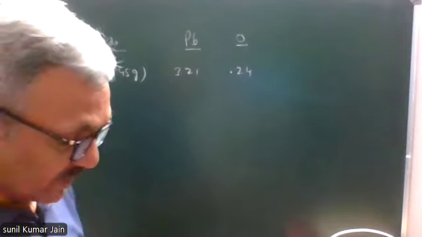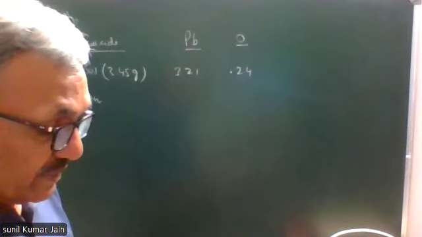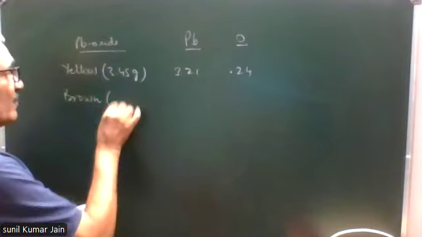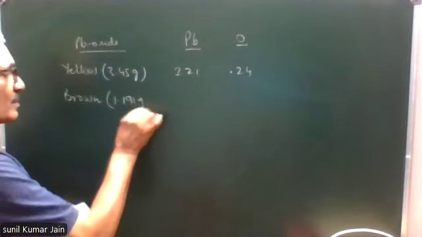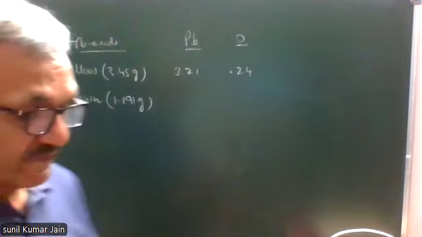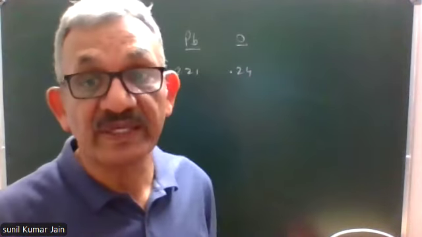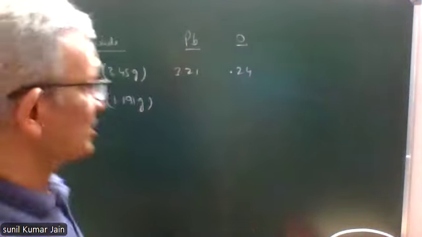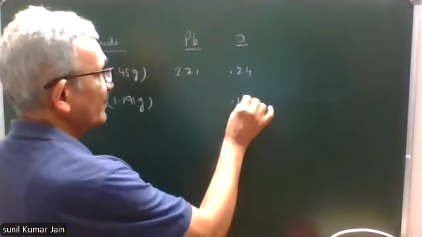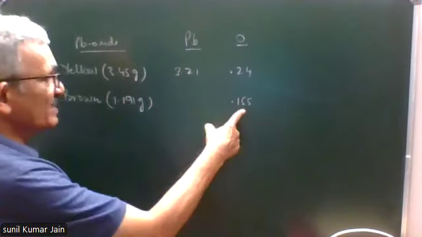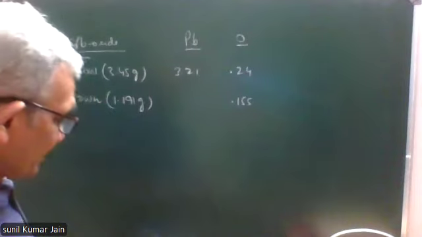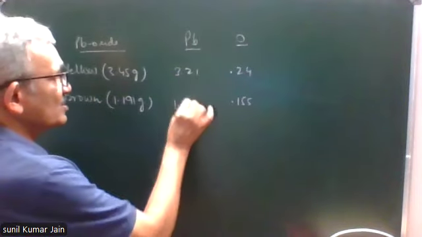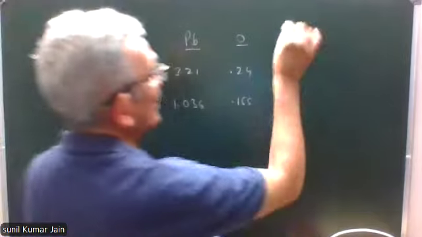Oxygen is 0.24 gram. Brown oxide 1.191 lost 0.155 gram of weight in a similar experiment. It means oxygen was 0.155 gram. It means this minus this was lead. After you subtract, this will come out to 1.036 gram.